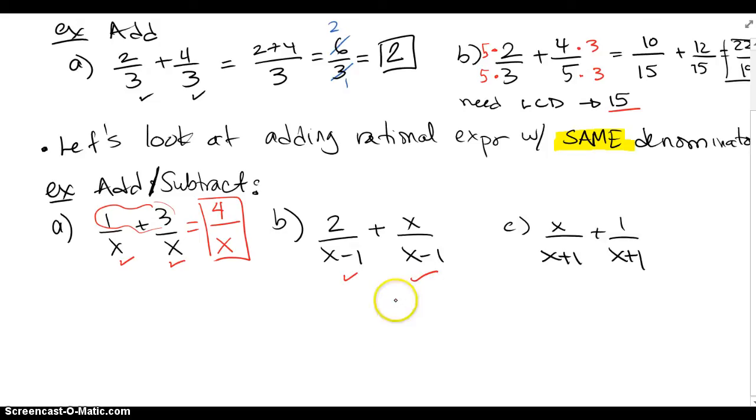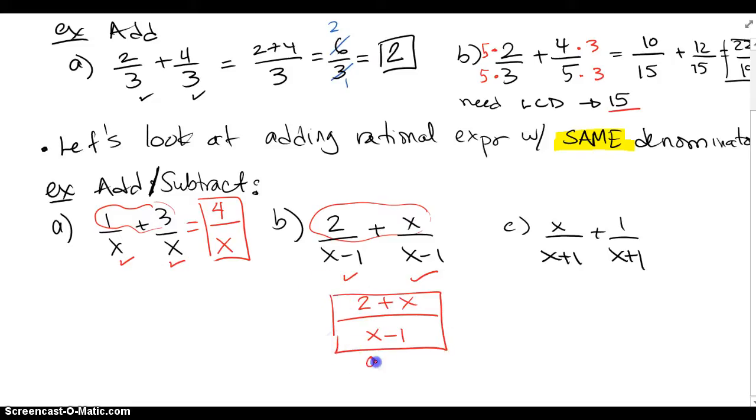Again, same denominators, so keep the common denominator, and then I have to combine the numerators. They're not like terms, I can't combine them, so the best I can do is just leave them together as 2 plus x, or I could say x plus 2, put it in descending order, over x minus 1. They're both okay.